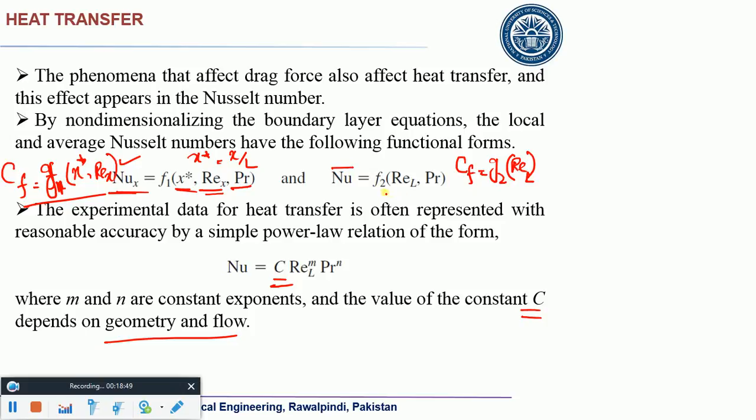And if you take its average, it would be dependent on only Reynolds number and Prandtl number. Okay, and generally the relationship for Nusselt number, or the dependence of Nusselt number on this Prandtl number, is shown in this form.